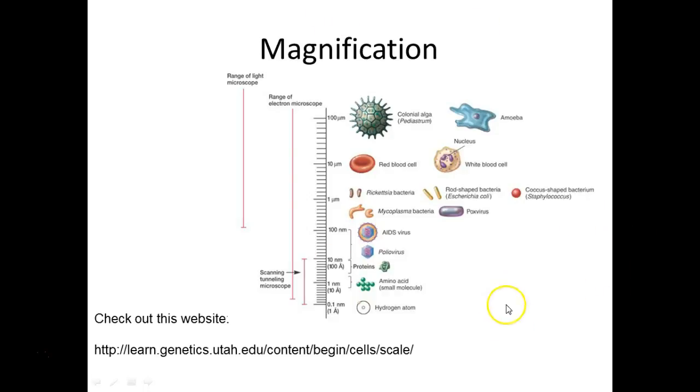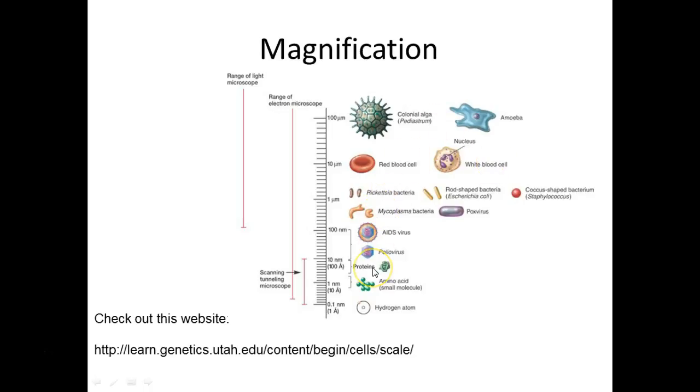This drawing compares the relative sizes of several different microbes and a hydrogen atom. The range of our light microscopes: the really large viruses you can kind of sort of see, but for the most part we're just seeing bacteria and larger microscopic organisms like amoeba that are eukaryotic, and even our own cells you can see clearly with a light microscope.